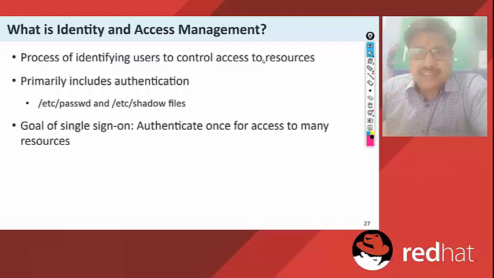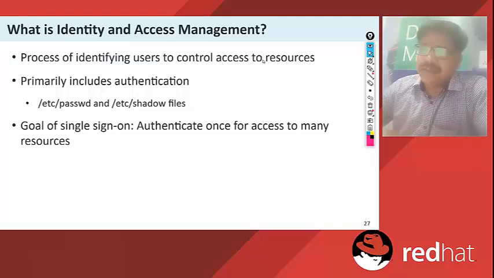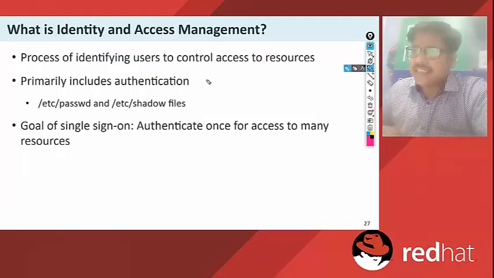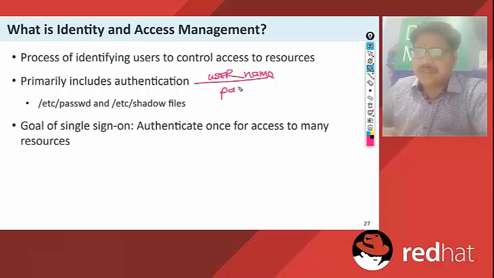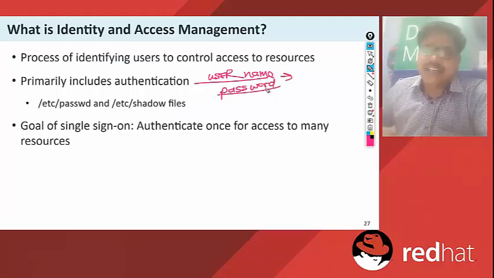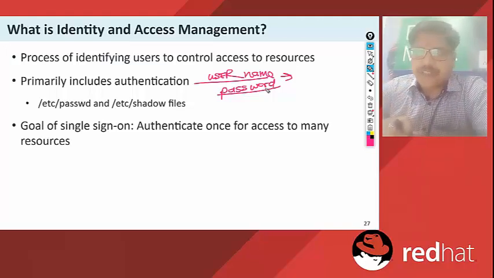So in Linux, what type of identity are you providing? Simply a username and the password. Once you provide the username and the password, you will get the access, right? But now the question is: where are your username and password stored in Linux?